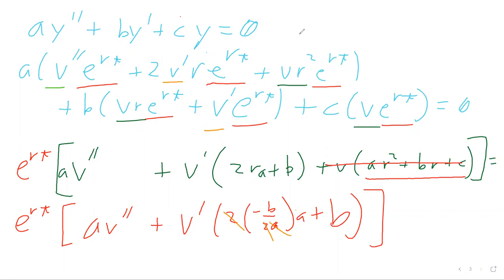The a cancels the a. And it's a minus b and a plus b. So that is all gone. That's all equal to 0. So our final thing that we're left with after we simplify is there. And we know that the e part is never going to be 0. We know it's a second order equation, so our a cannot be 0, or else it'd be a first order. So that's not 0. So that must be.